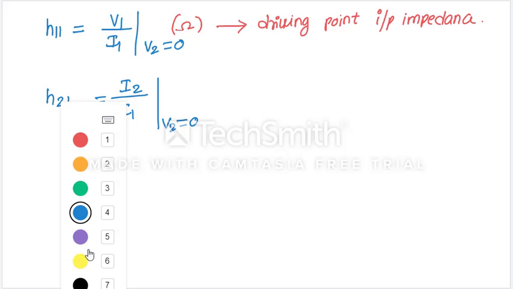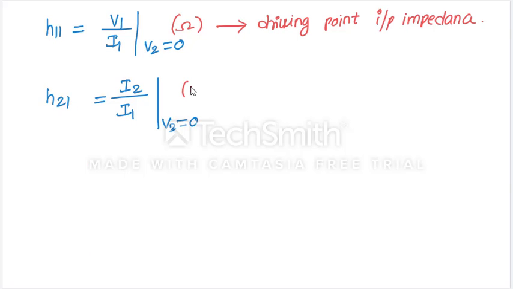The units: no units, it's a ratio, output current by input current. So we call it a current gain. Forward or reverse? We call this the forward current gain.